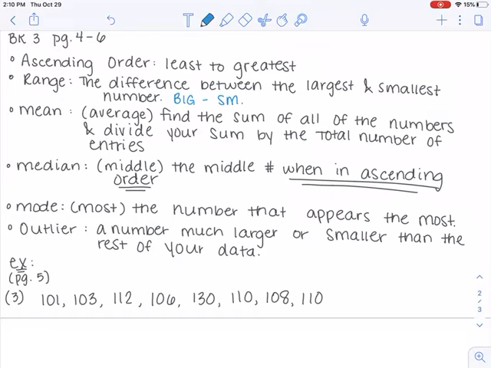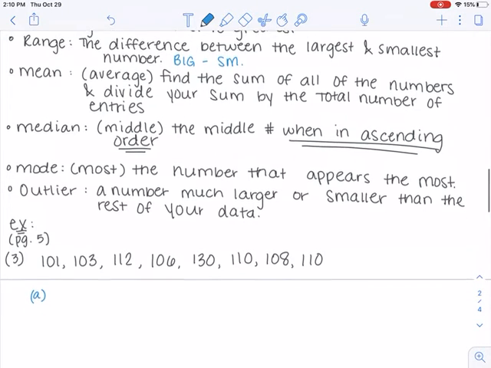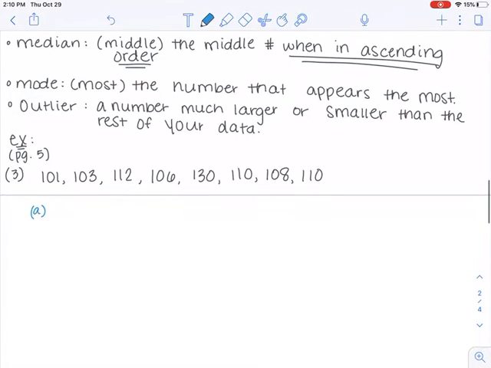So now looking at page 5, number 3, just to give you an example. The first thing is we have to rank these into ascending order. So put them from least to greatest. Our smallest number is 101. The next smallest is 103.